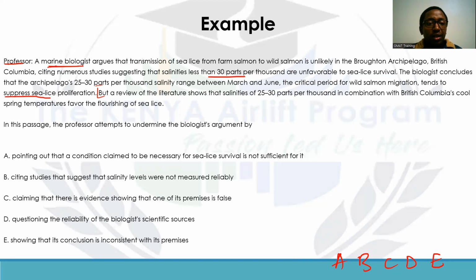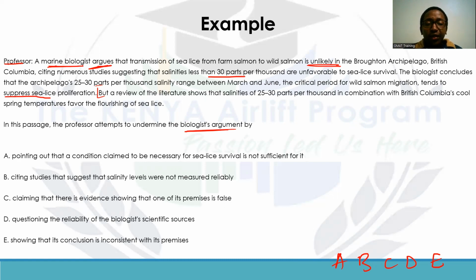So what is the biologist's argument in the first place? We want to know how the professor attempts to undermine the biologist's argument. We see the argument there that this transmission is unlikely in the Broughton Archipelago, British Columbia area.